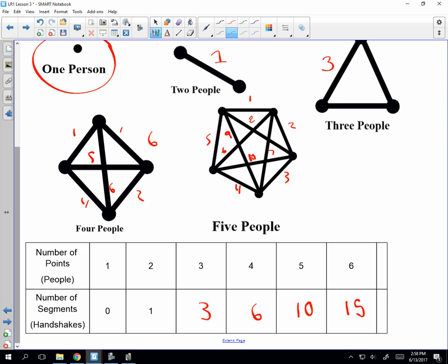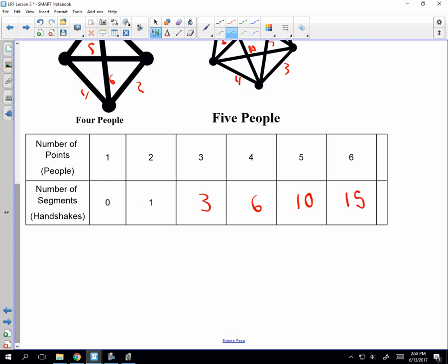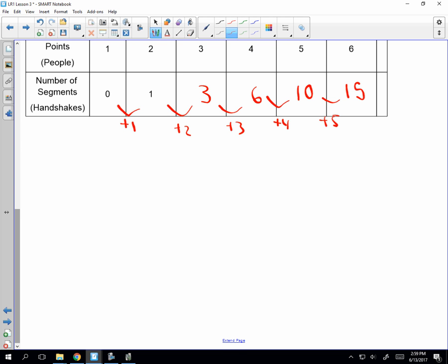Okay, so now we look at this pattern. We always want to start thinking addition, start thinking subtraction. We're looking at the difference between the two. So here we've got a +1, +2, +3, +4, +5. Now the hard part is it is a continually increasing situation, so we can't build a traditional function out of it.